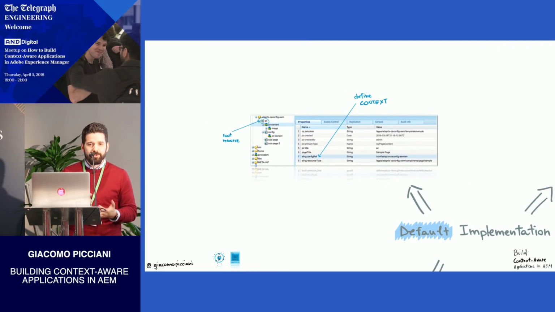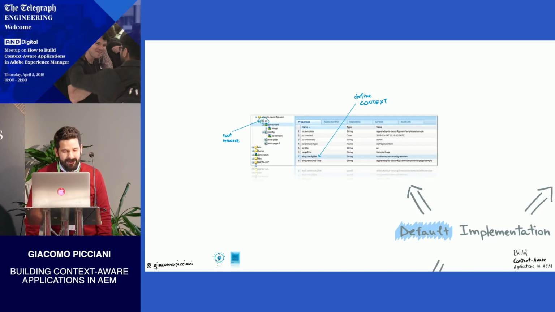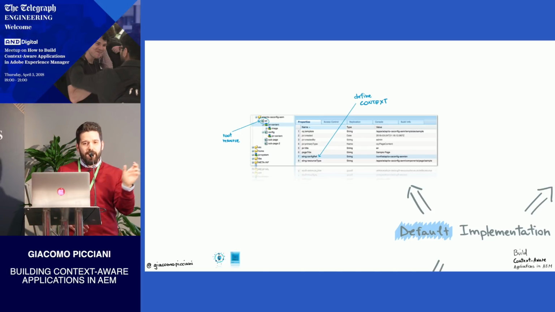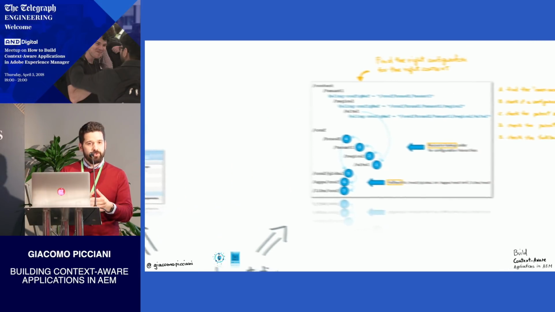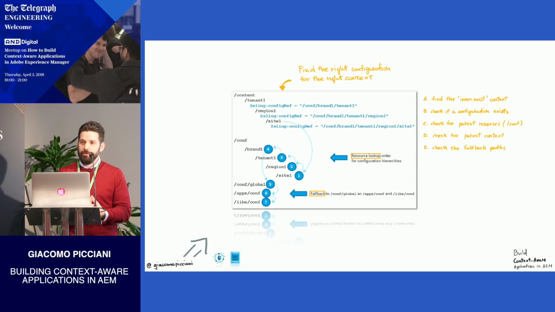You need to define a property in your content repository, called sling:config, and this property has a value, the path of your configuration. Then the default implementation of the API, which you can use from your component, HTML, JSP, or Java bundle, provides the resource lookup. So it reads this property and then goes to /conf.